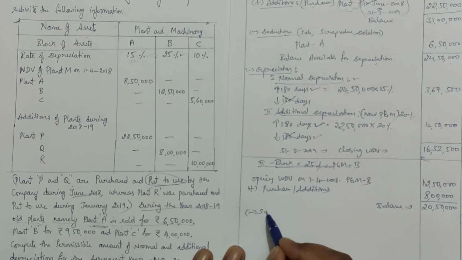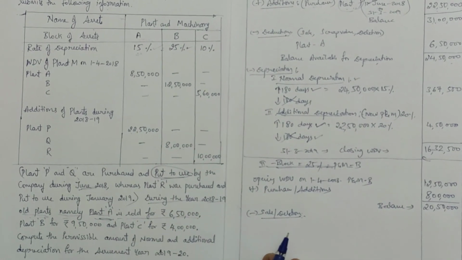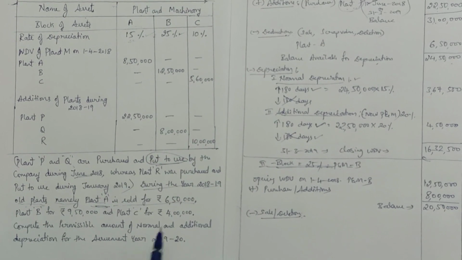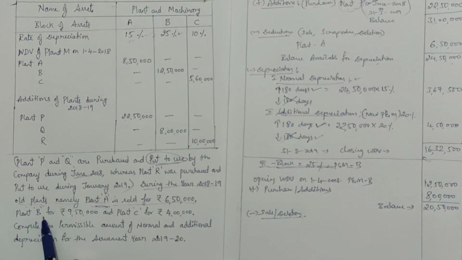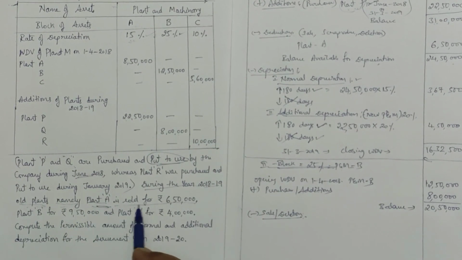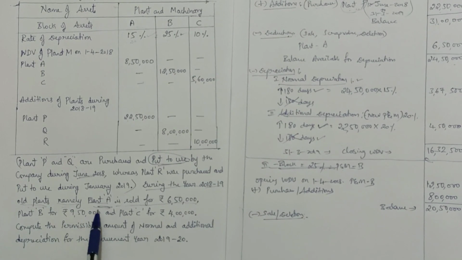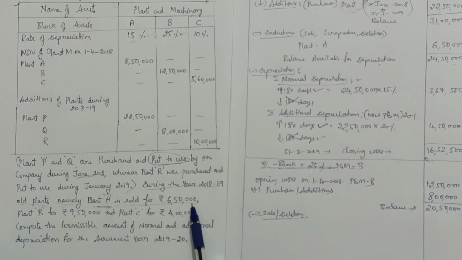Next, minus sale or any deletion or any scrap value, you need to check it out. Here we'll continue the adjustment. Here we had plant B for rupees 9,50,000. During the year 2018-19, old plant, namely plant A, is sold for rupees 6,50,000.